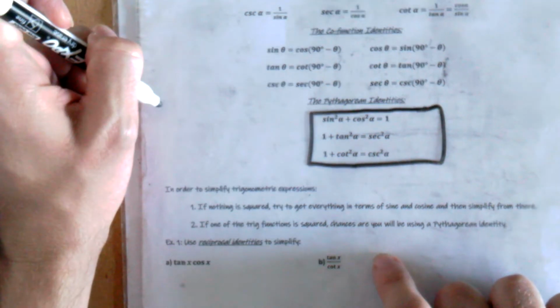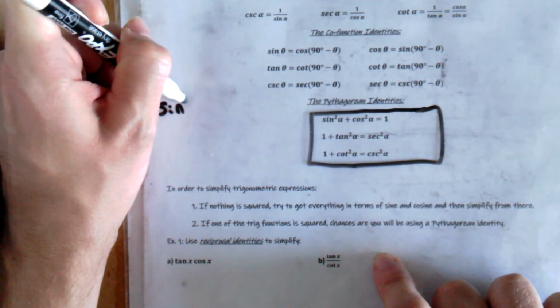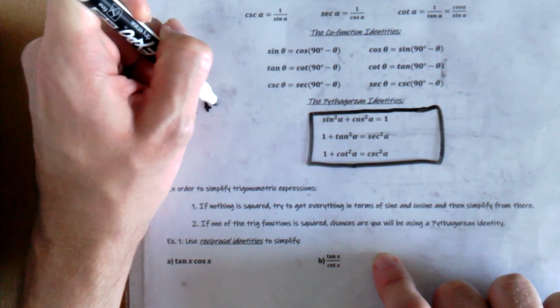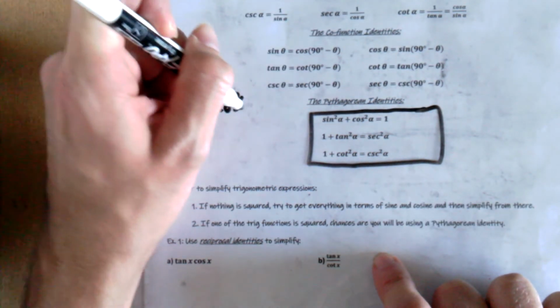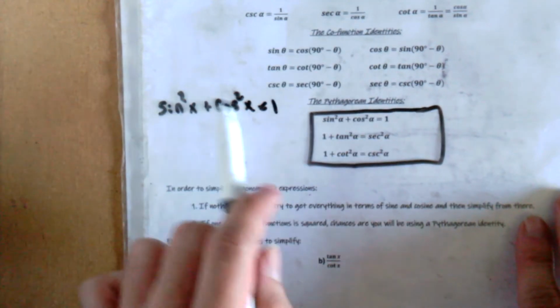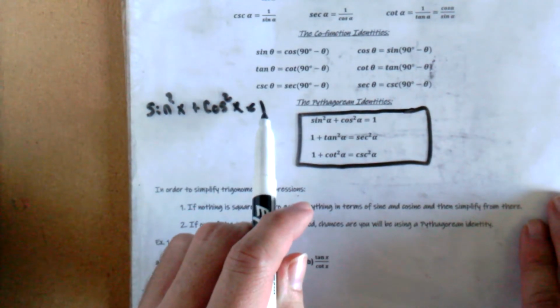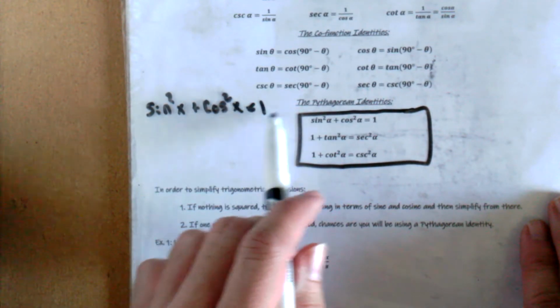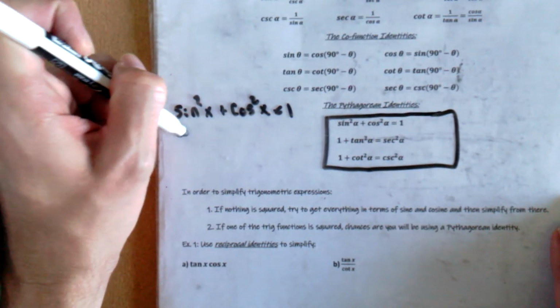Let's go ahead and write down our identity here in the corner. We have sine squared plus cosine squared equals 1. Now, can we rearrange this equation to look like 1 minus sine squared? Yeah, because we have 1 here. If we just subtract sine squared on both sides, on this side of the equation we'll get 1 minus sine squared.